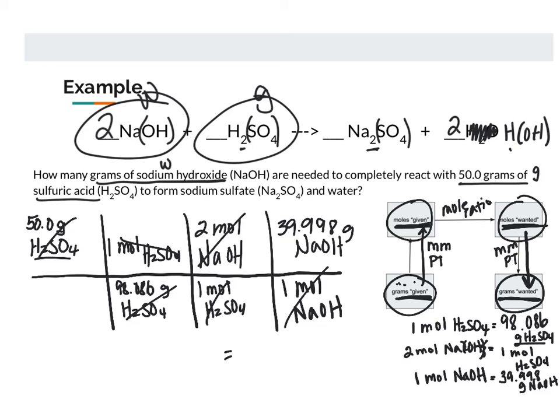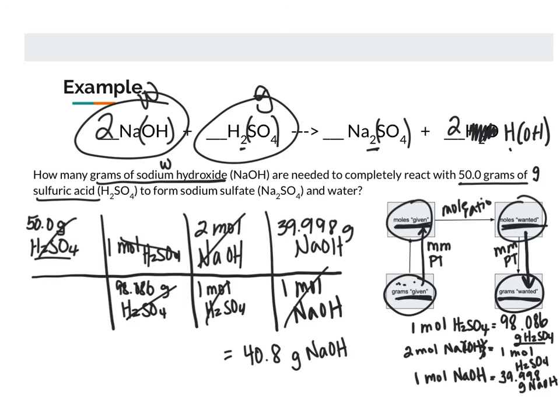I'm going to round to the 10th place this time, so I would do 40.8 grams of NaOH. So if I want 50 grams of sulfuric acid to react completely, I'm going to have to make sure that I get 40.8 grams of NaOH so that all of that stuff can be used up to make my products.